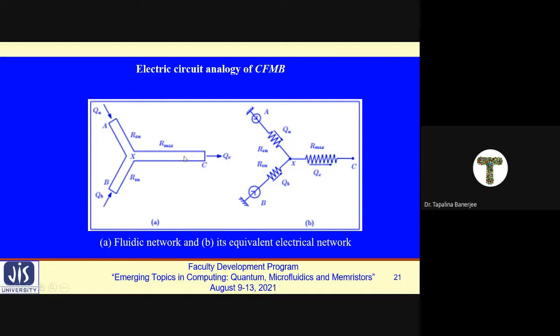As part of the electric-hydraulic analogy, this fluid flow, source inlet, sink or drain outlet, fluid flow source, pressure source, hydraulic resistance, volumetric flow rate, all can be replaced using this simple electric circuit.